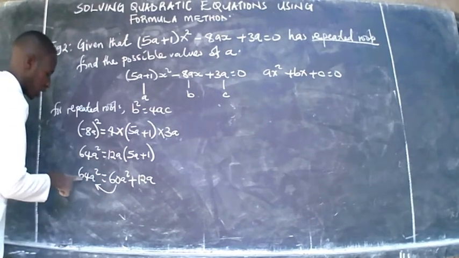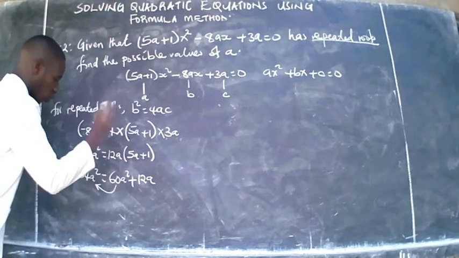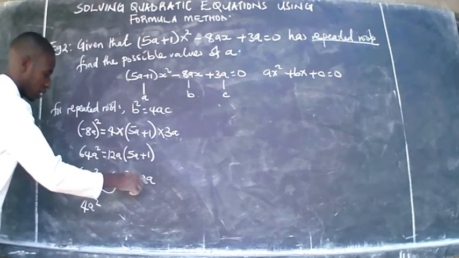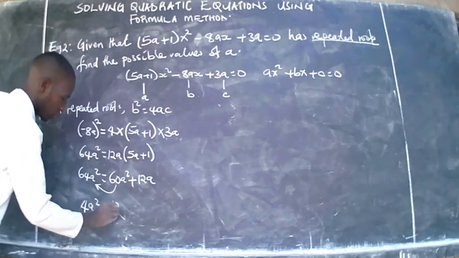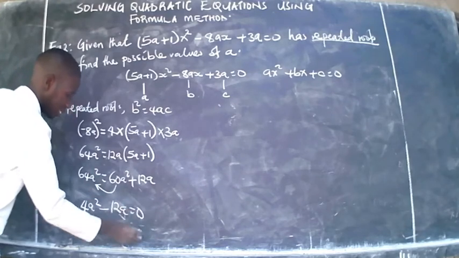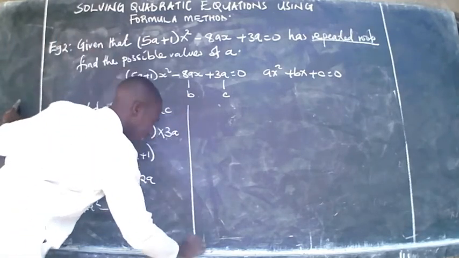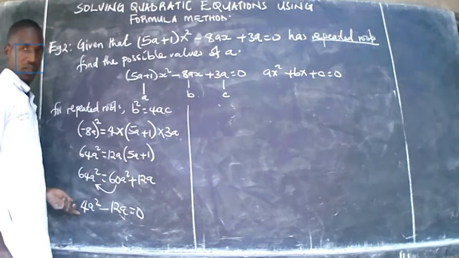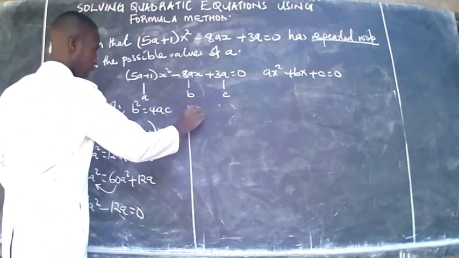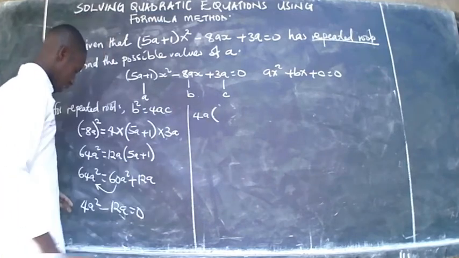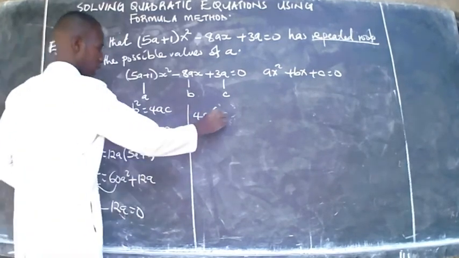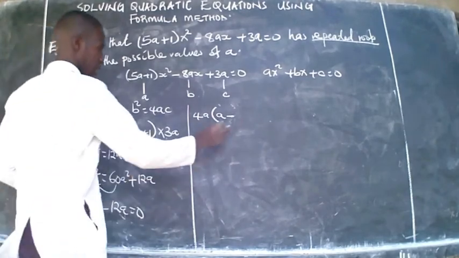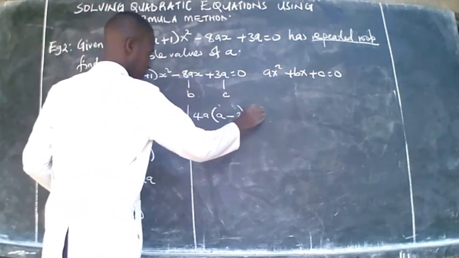So we shall have 64a squared minus 60a squared, which is 4a squared, then minus 12a equals 0. We have the common factor 4a. So we shall have 4a outside, into a minus 3, equal to 0.